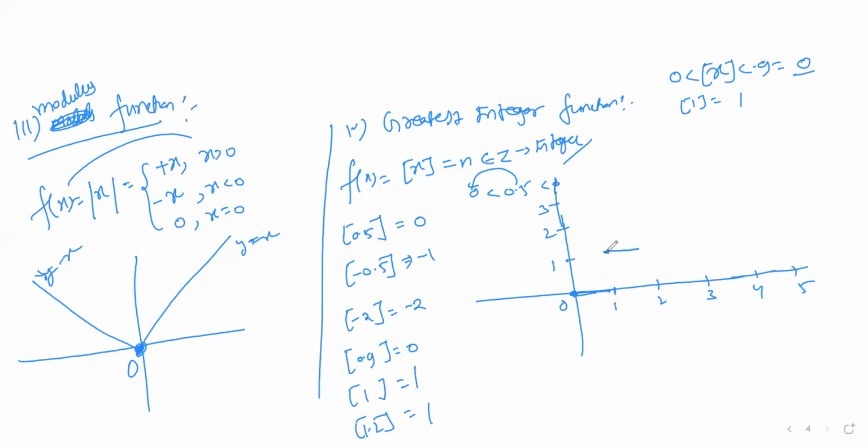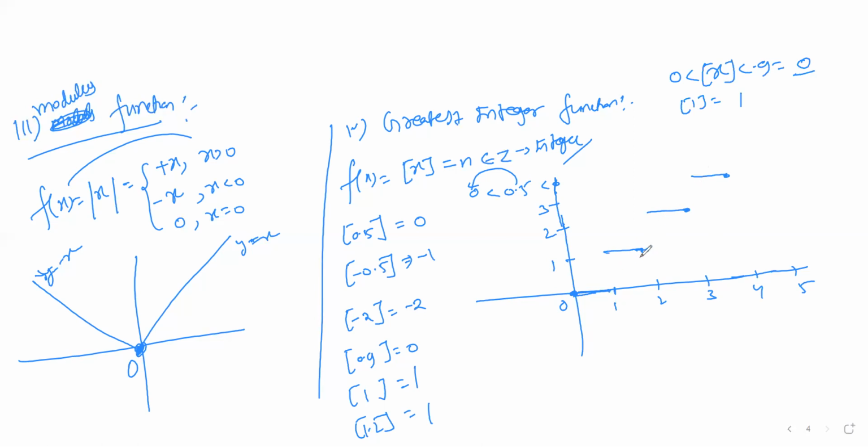Again, from 1 to 1.9, you will get 1 only. But as you substitute the value of 2, the y value will change again. It will reach 3, and the value will again come like that. So you will get a graph like a ladder.